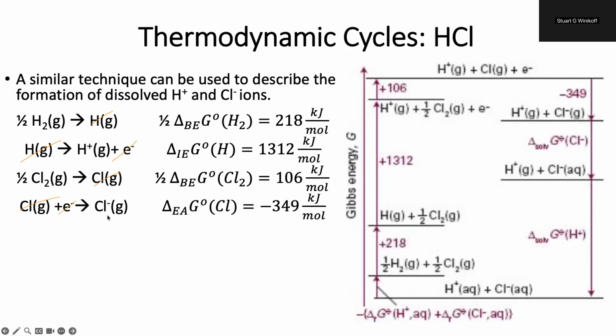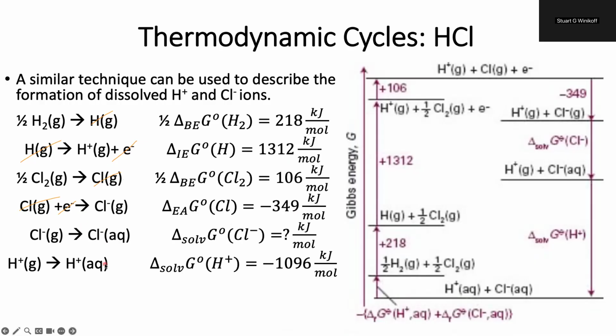So now we're left with proton and chloride, but again, in the wrong phase. So we're going to find the solution for both components: the solution energy for the chlorine and the solution energy for the proton. So we can cancel both out.